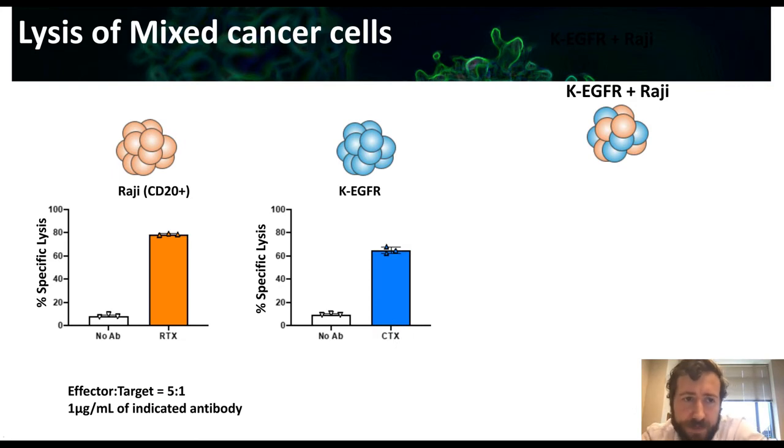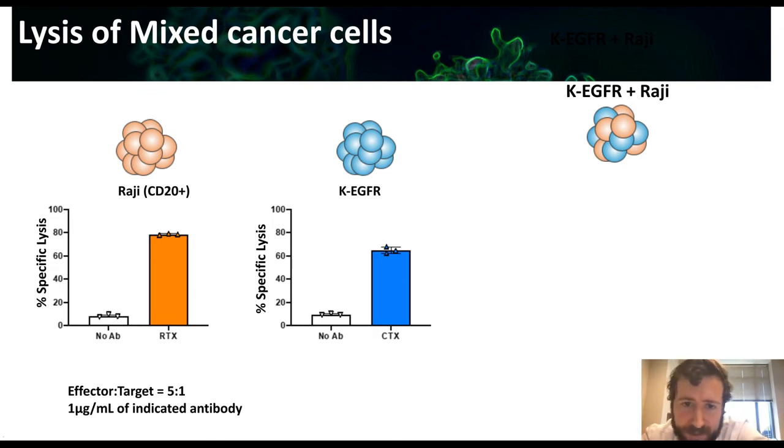Okay, and then to really show off and examine the universality of the therapy, we wanted to see, could we use the therapy to actually at the same time target multiple antigens? So this would be what we'd want to do to try to avoid cancer relapse due to antigen loss.